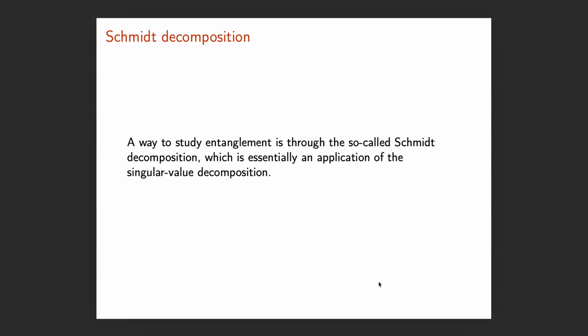When you look at the entanglement itself, let me just ask you guys, is entanglement an observable? I see somebody nodding their head, yeah? It's not an observable. It's a theoretical construction which we can use to analyze a state.